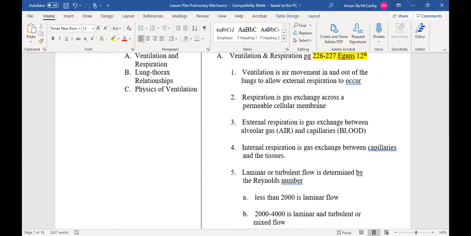Put it in the chat. Don't say it out loud. What would be the name of that permeable cellular membrane, or what would that membrane be made up of as it pertains to external respiration?